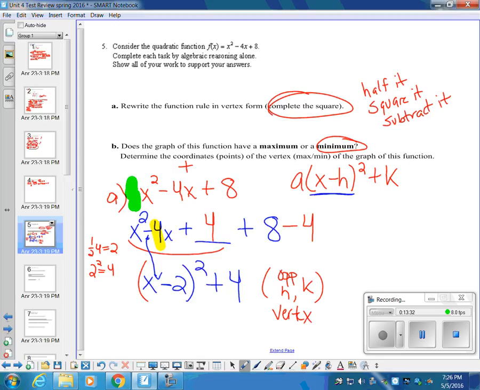So h is -2, so it's going to be (2, 4). That's your minimum. And I got it from here and here in your vertex form. The opposite of h is 2, and then k is 4. So in this one, you took standard form, completed the square, halved it, squared it, subtracted it to get your vertex form. Then you found your vertex, which is the opposite of h and k.